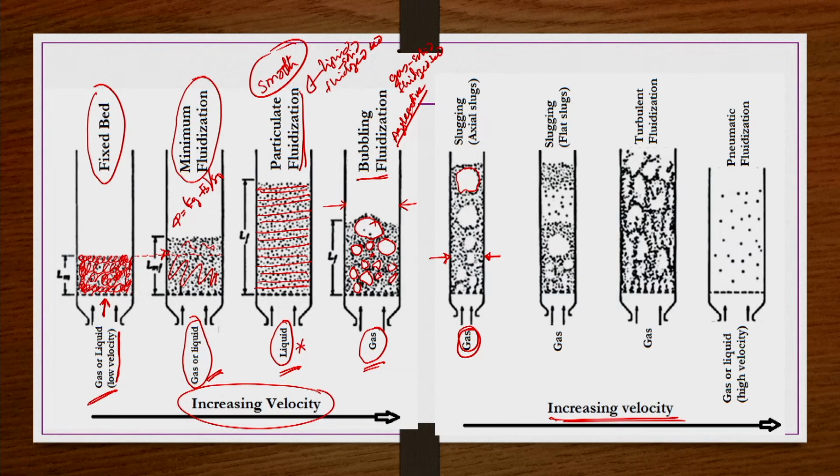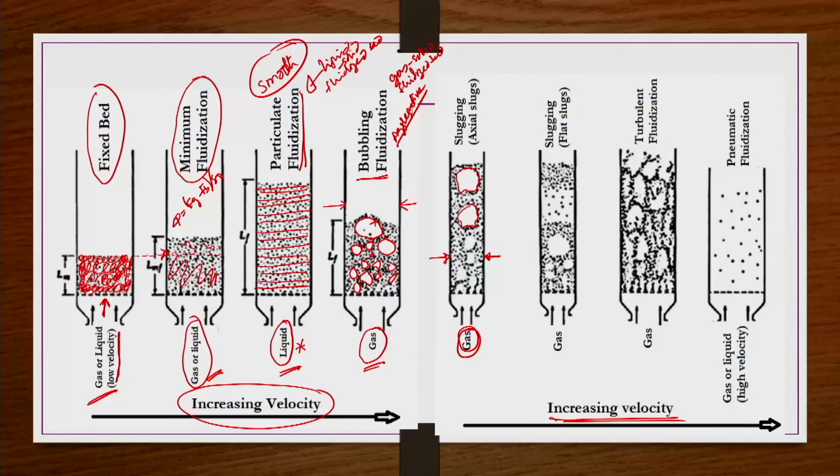These bubbles come together and form bigger slugs, and these bigger slugs become so big that they almost occupy the entire cross section of the bed column, leaving only little space for the particles, like this. So most of the column is occupied by bigger slugs.